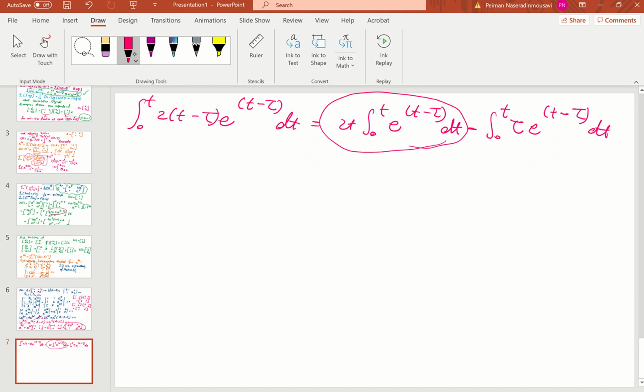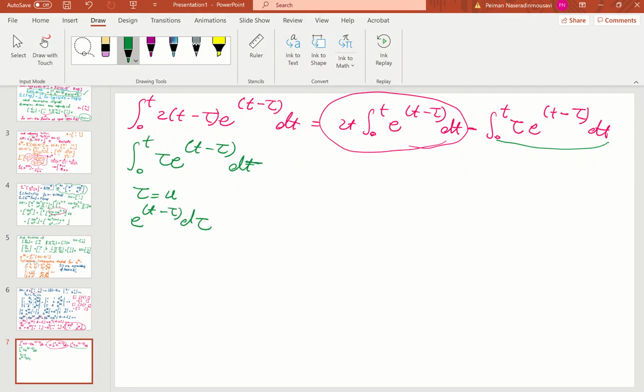So this part you have to do by parts integration: integration from 0 to t of tau e^(t minus tau) d tau. I'm saying that tau is u, and e^(t minus tau) d tau is dv.